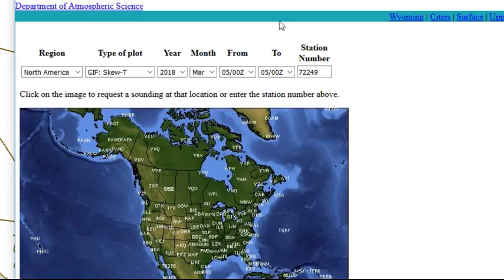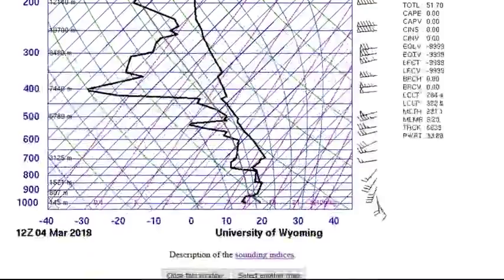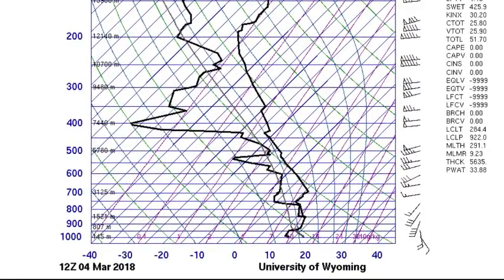Okay. Fort Worth sounding, don't have one for this evening, but we should have one for earlier. And this is how the diagram looked this morning there at Fort Worth.